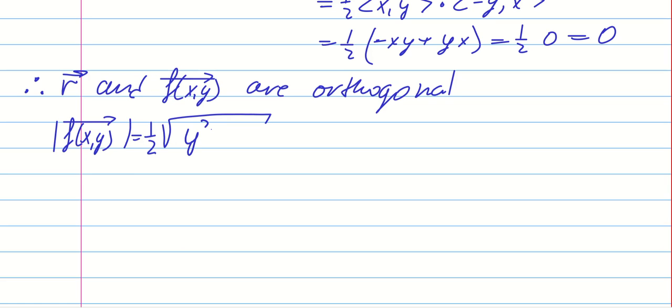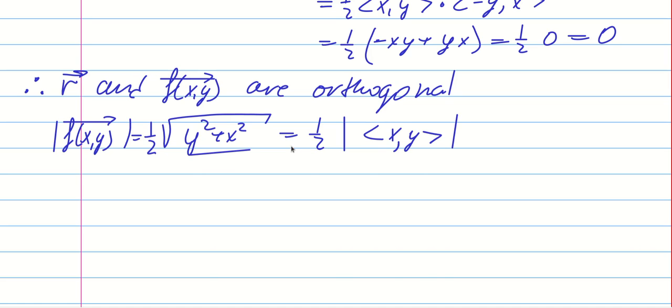So we're going to get y squared plus x squared. It should be 1/4 here, but we can take it out and put it here as 1/2. So it's going to be 1/2, but as you can see, this is exactly the magnitude of xy.